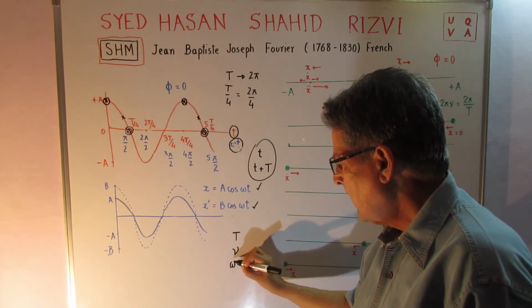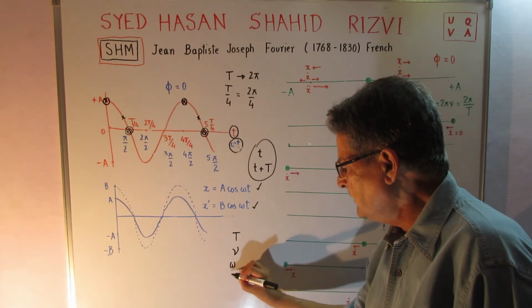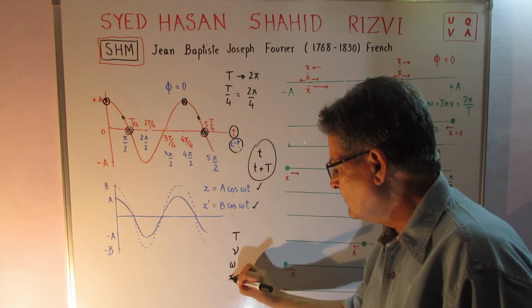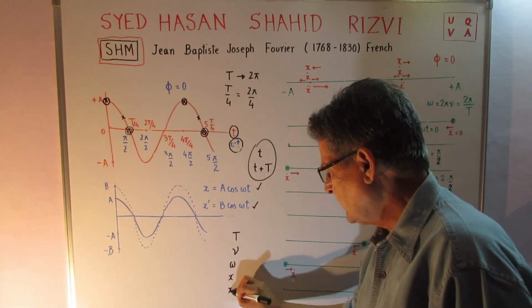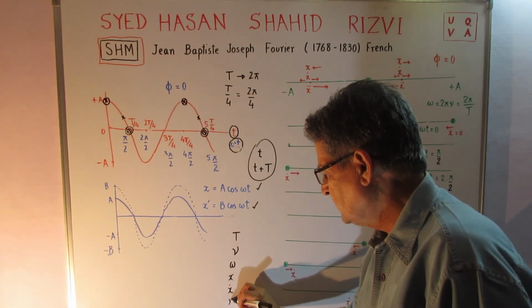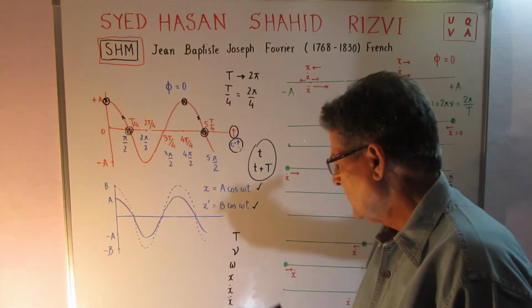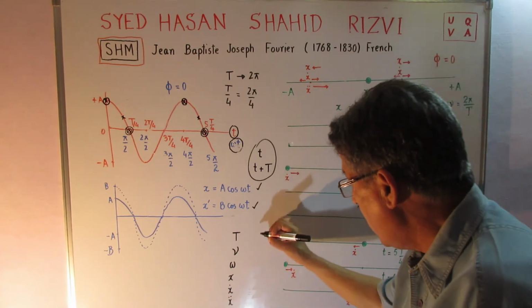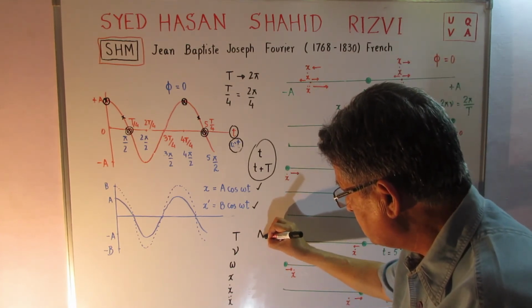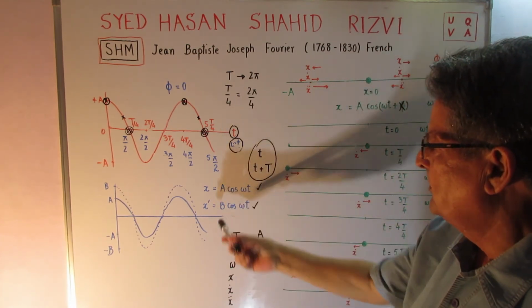What is required is that we must understand what x, x dot, x double dot are, and the amplitude, which is A here and B here.